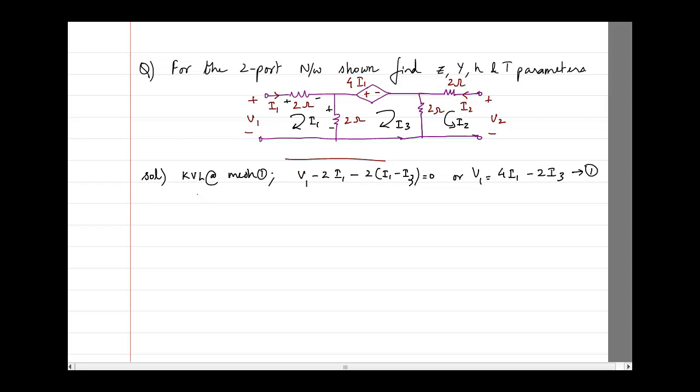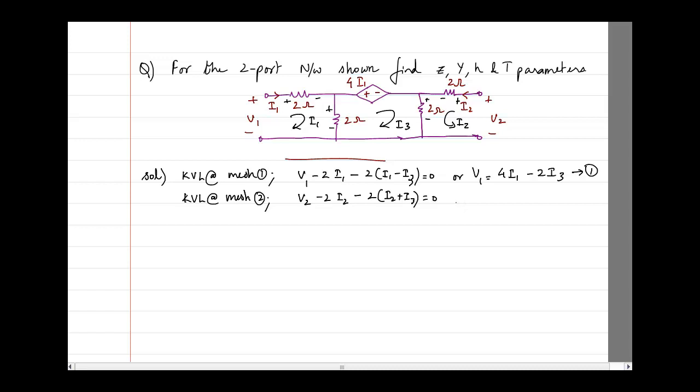Next I will have KVL at mesh 2, which is the outer mesh, this one. So there, current is going like this, so plus minus plus minus. So now we'll get V2 minus 2I2 minus 2I2 plus I3 is equal to 0.